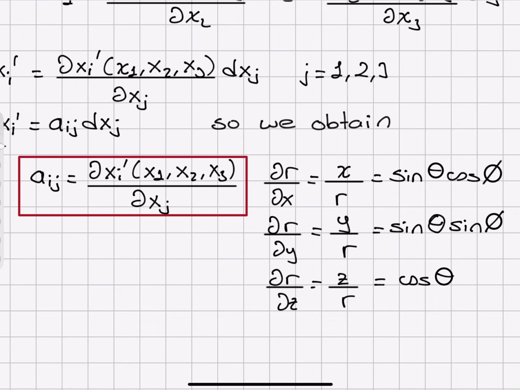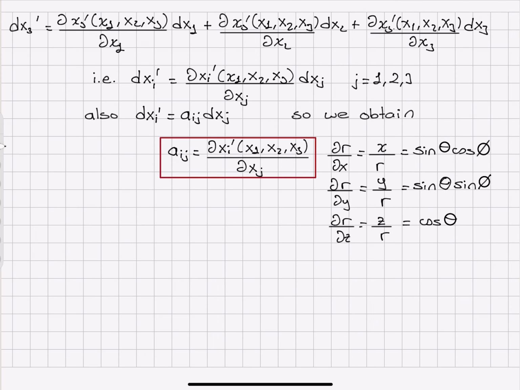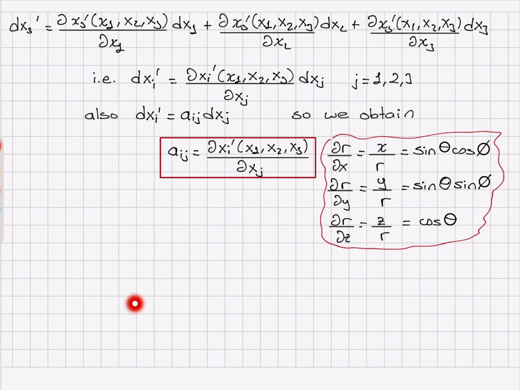So the first three matrix elements would be sine theta cosine phi, sine theta sine phi, and cosine theta. If I start writing my transformation matrix between the Cartesian coordinates x, y, z and the primed coordinate system r, theta, phi, the first row would be sine theta cosine phi, sine theta sine phi, and cosine theta. That gives the transformation between x and r, y and r, and z and r.